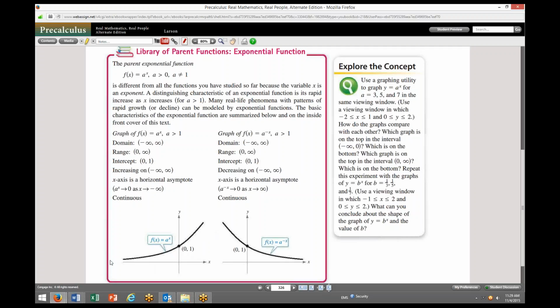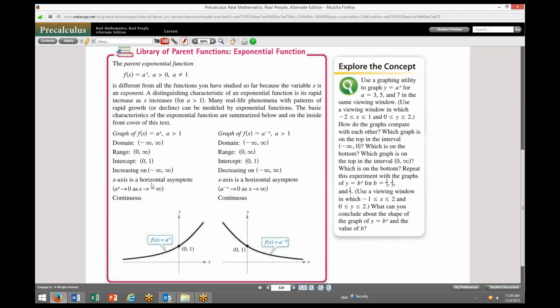From negative infinity all the way to positive infinity, the graph of the function is always moving upwards to the right. Not at the same rate, never at the same rate. It's not a constant function. But it is always increasing, and of course, yes, obviously it's exponentially increasing, but it is increasing.